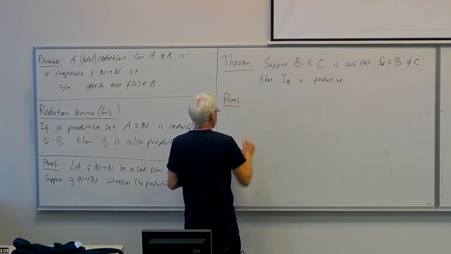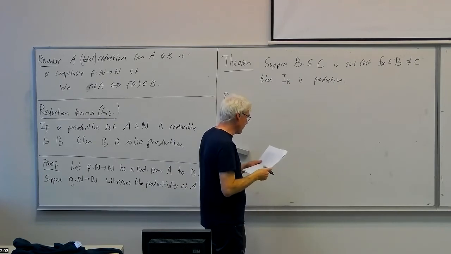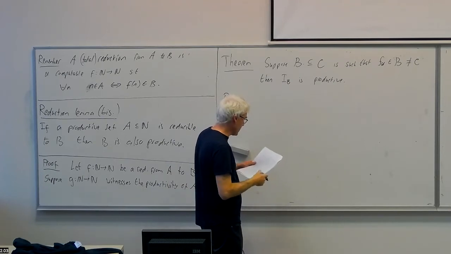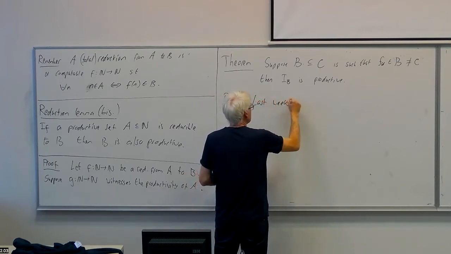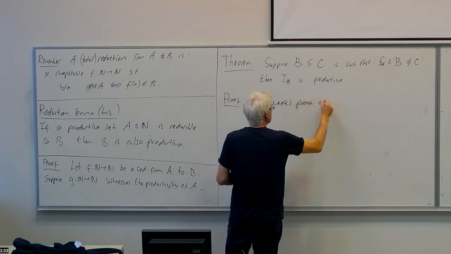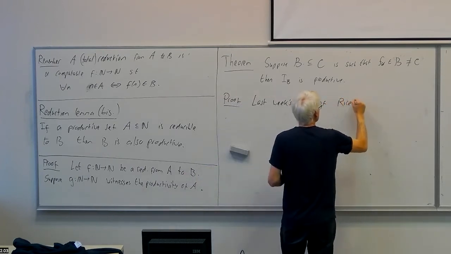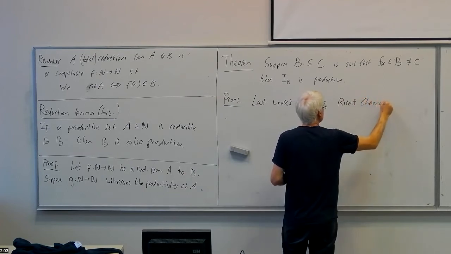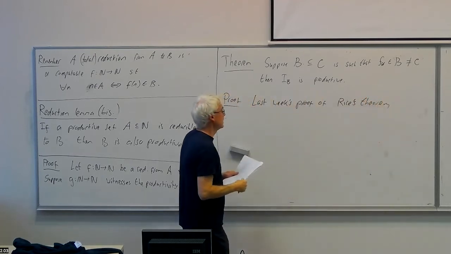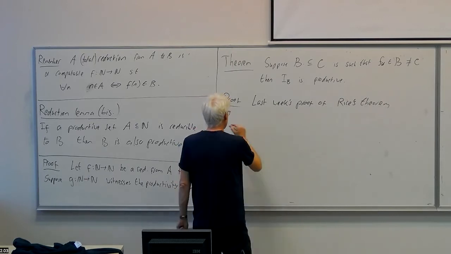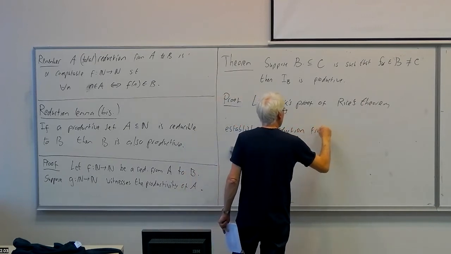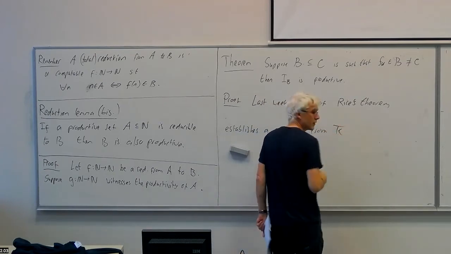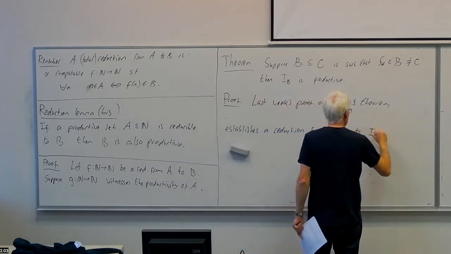And I'm just going to tell you the reason without going through the details, but all the details have essentially been given. So the proof is that last week's proof of Rice's theorem actually establishes a reduction from the complement of the halting set K to I_B.